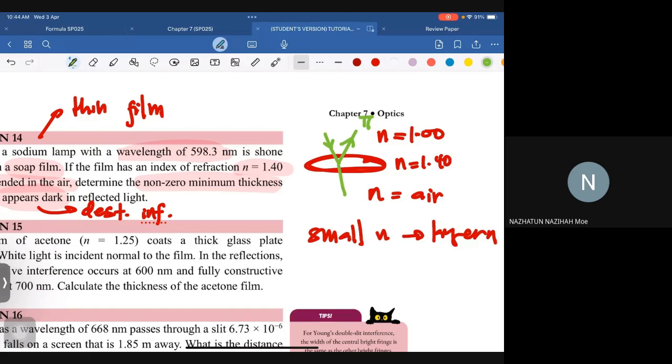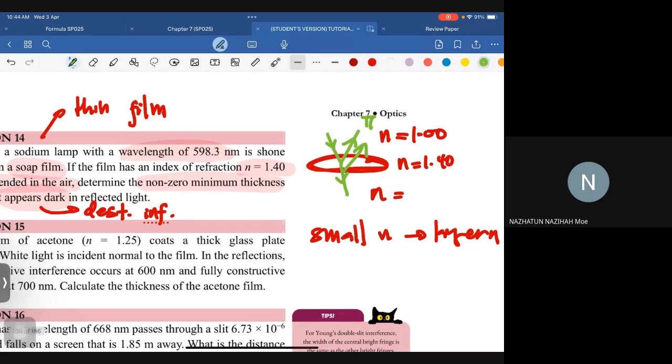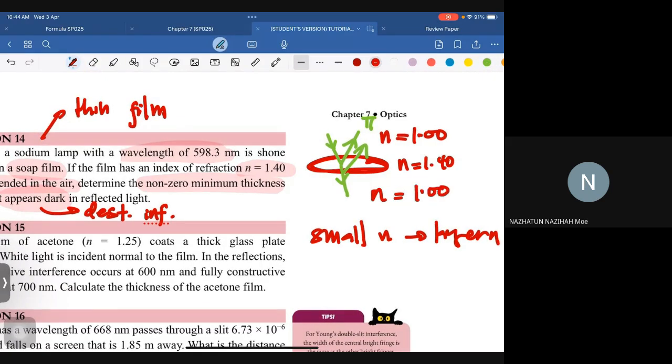Okay, so bila dia refracted macam ni, dia akan reflect balik dari soap ni. So sekarang ni, dari 1.4 pergi 1.00. Kenapa saya tulis adakah tidak phase change? Tiada. Okay, so 0. So total dia ni, dia punya total phase difference, pi minus 0 equal to pi.